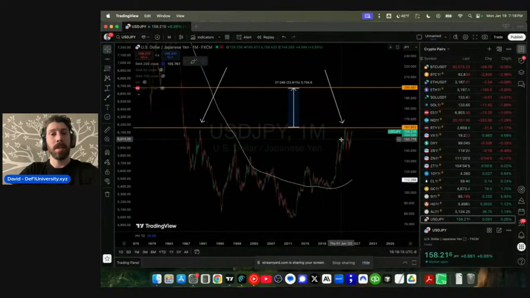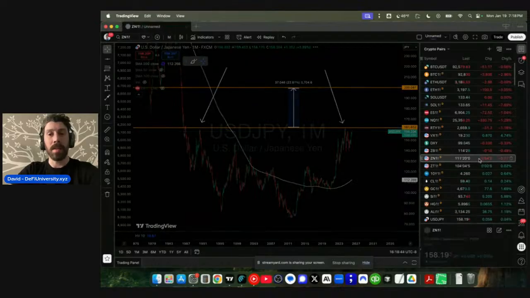If the Bank of Japan is forced to defend the yen, well, they would have to sell treasuries to raise dollars in order to buy yen. And that would be a way of defending the yen. Let's say that the yen breaks out above 162 and starts rapidly pushing higher. The Bank of Japan would probably have to sell treasuries in order to buy yen to defend the yen.